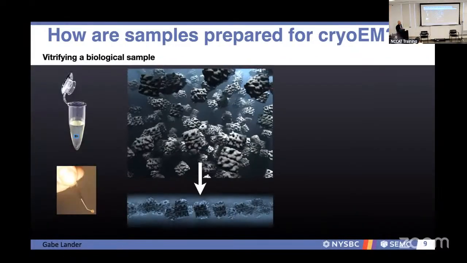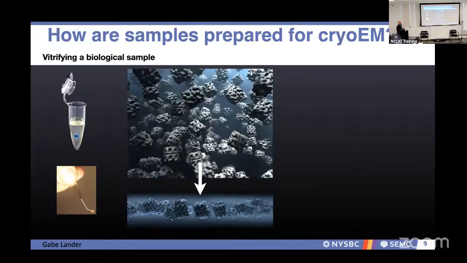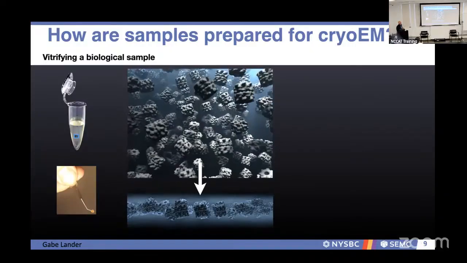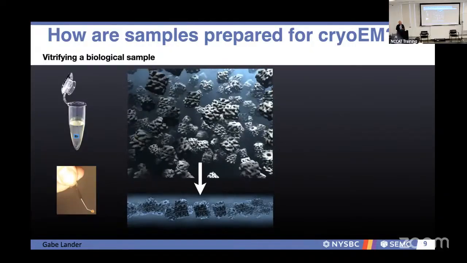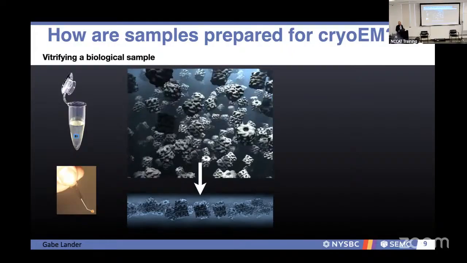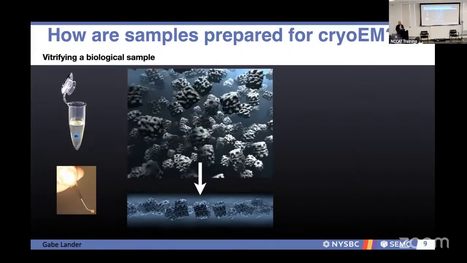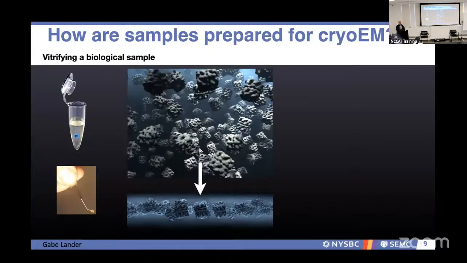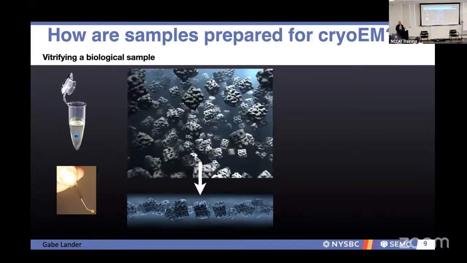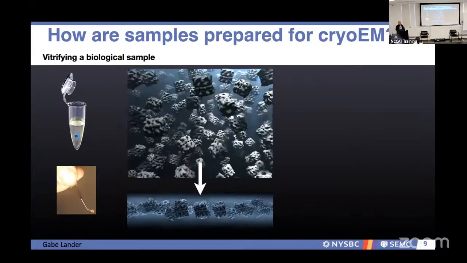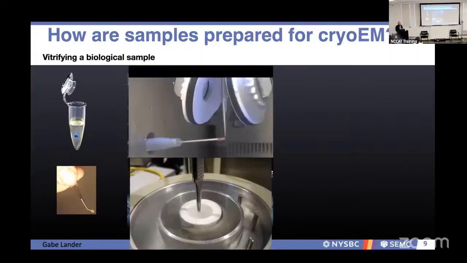Typically, how we think about this process is that we purify a macromolecule in solution, and we're going to have to thin it down. What we end up doing is going from a very low surface area, high volume, to high surface area, low volume.